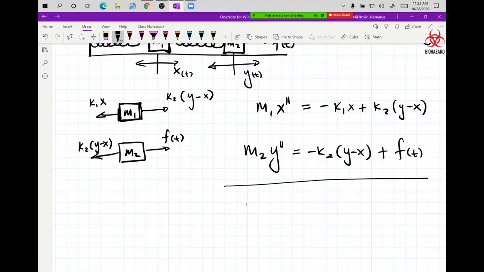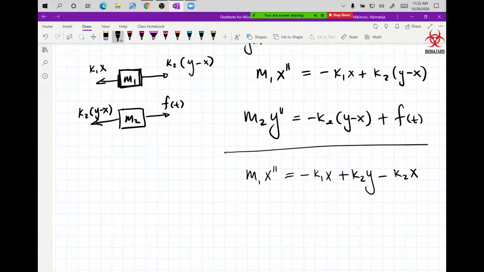We get m1 x double prime is equal to negative k1x plus k2y minus k2x. And the second equation, because you should always have them paired, is m2 y double prime equal to minus k2y plus k2x plus f of t.